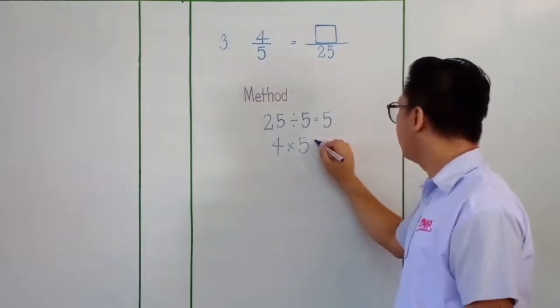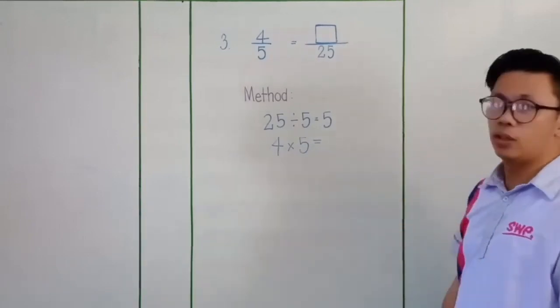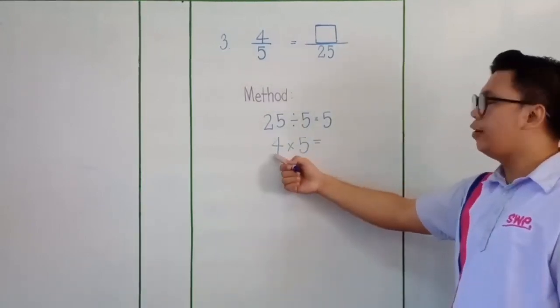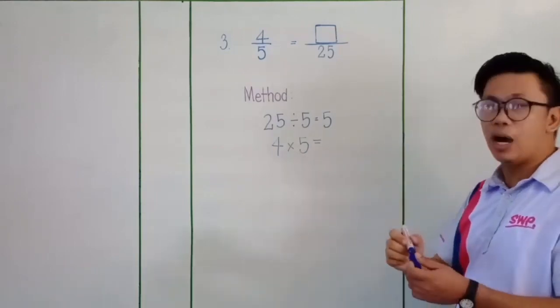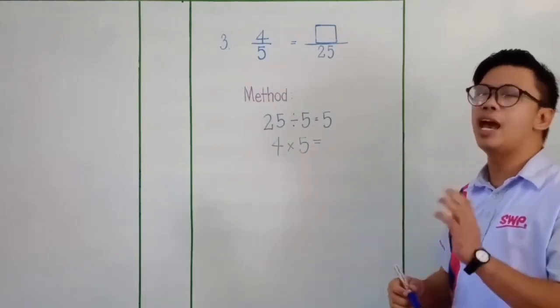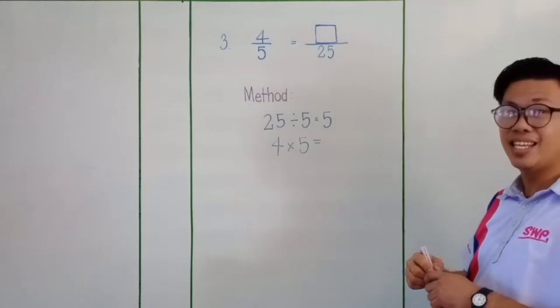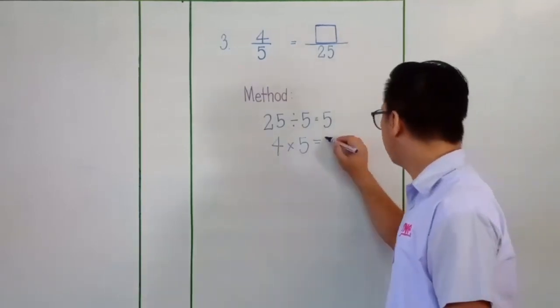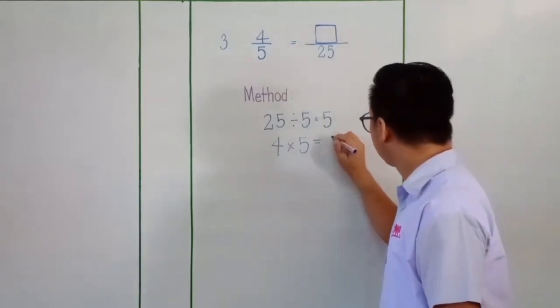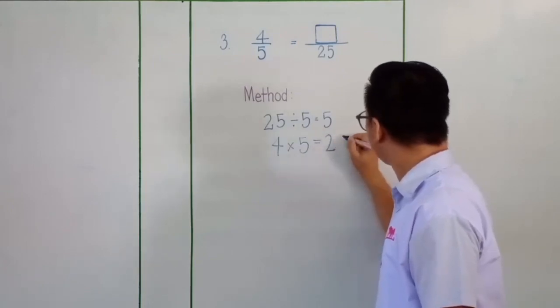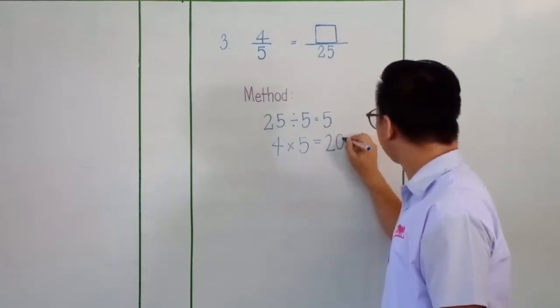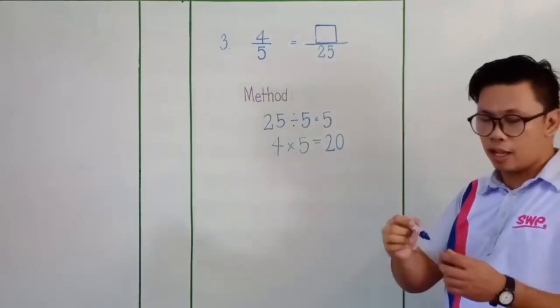So we will write 5, and then equals. Next we have 4 times 5. What will be our answer? Very good. Our answer is 20. Why 20?